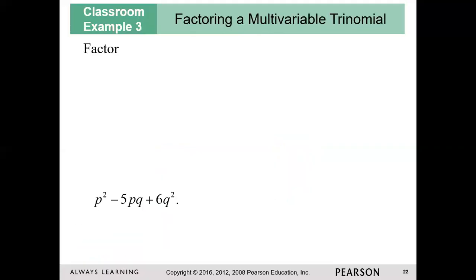All right, let's take a look at this one. This one is more interesting because we have a second variable that's invited to the party. It's not just p's, we also have q's. The thing that makes this interesting is this. This is a quadratic trinomial with respect to p in this direction.